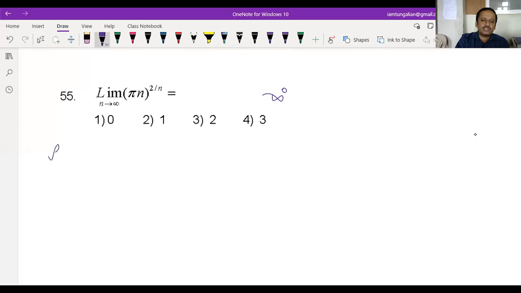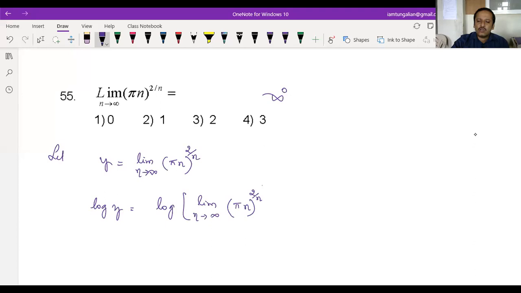So before that, I'll call this y. Let y be equal to limit n tends to infinity of (pi n) to the power 2 by n. Take log on both sides. Log y is equal to log of the limit.